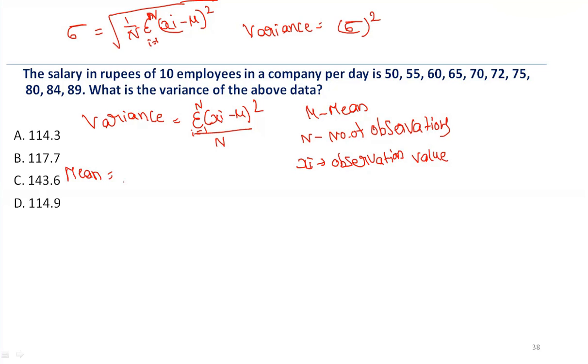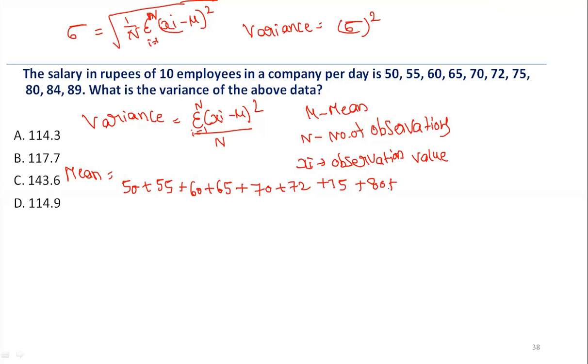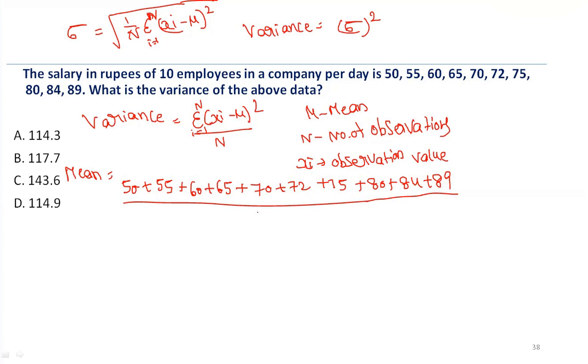So the sum of observations is 50 plus 55 plus 60 plus 65 plus 70 plus 72 plus 75 plus 80, 84, 89. These are all the observations. The sum of observations goes in the numerator, divided by 10.